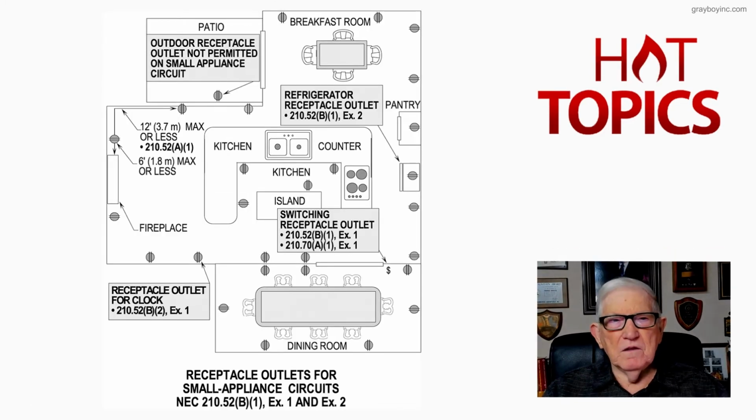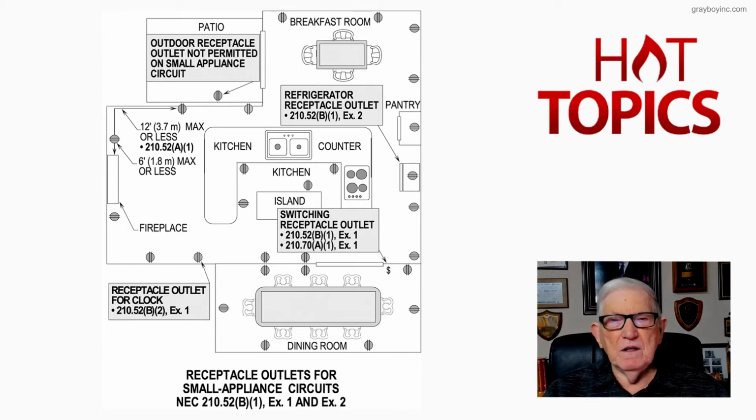Now let's look at this figure 10-12 that deals with receptacle outlets for small appliance circuits in accordance with 210.52B1, exceptions 1 and 2. But let's just review where these receptacles would be placed, and let's start in this kitchen area.